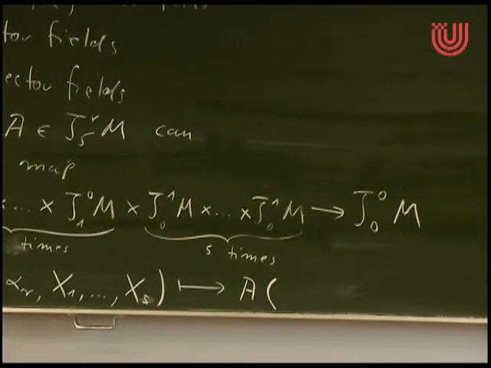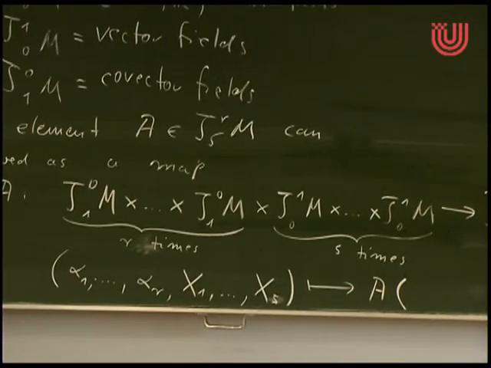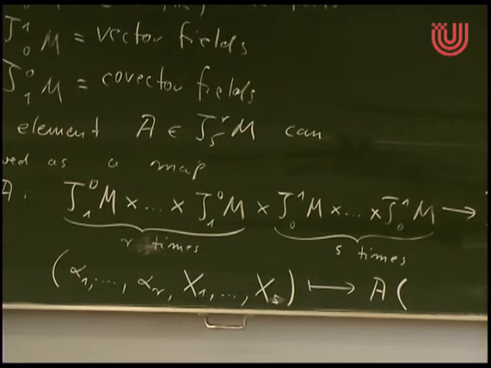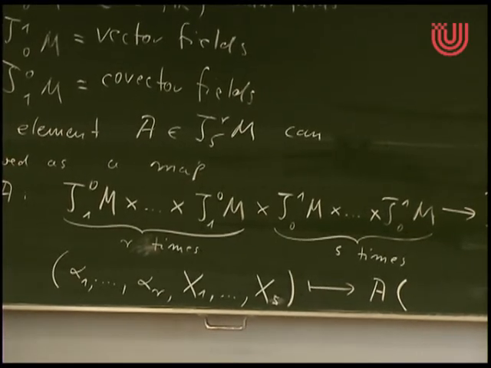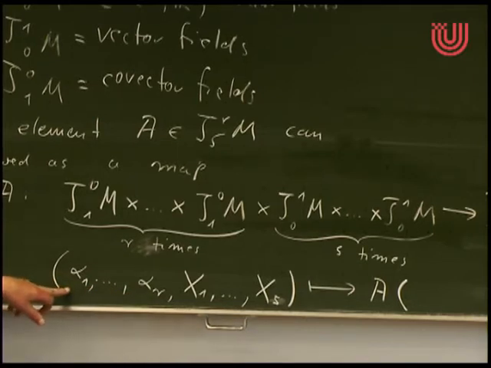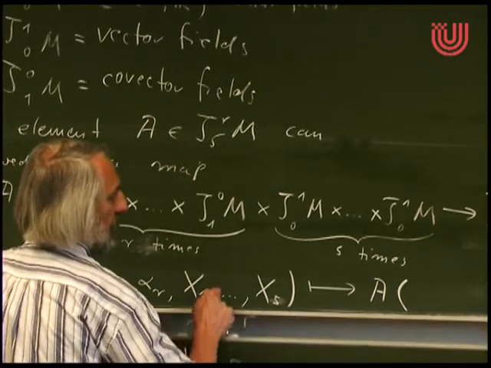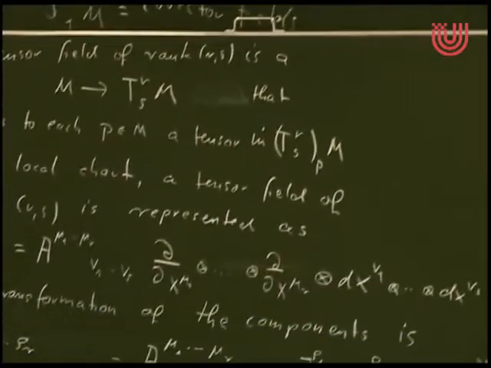Did I confuse it in the upper formula? No, I think it's true. Look, this eats covectors. This eats things with lower index, so it must have an upper index. Do I have to? That's an interesting question. Look here.